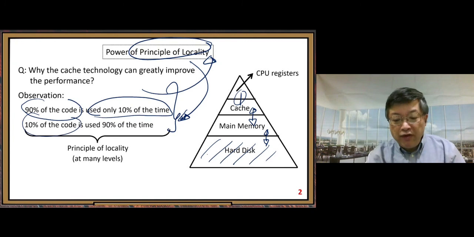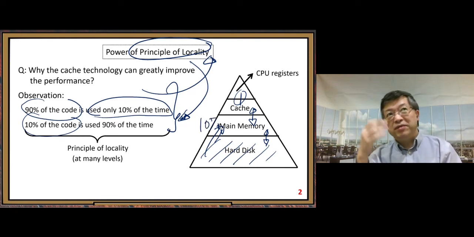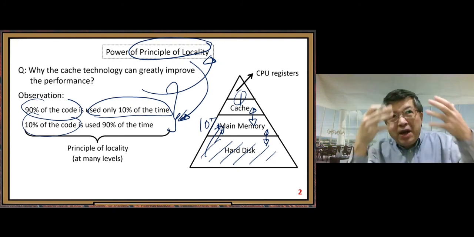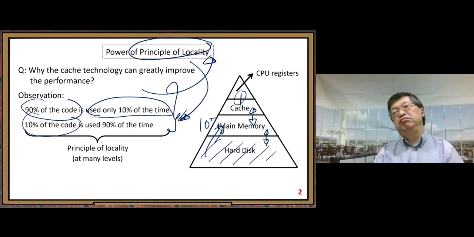how about we move that 10% of the code in the hard disk to main memory, so we can try to make the best possible performance? The 10% frequently used code we just put in main memory.